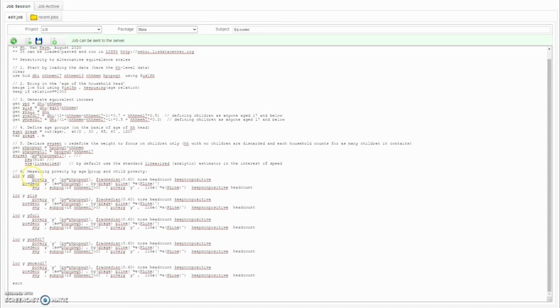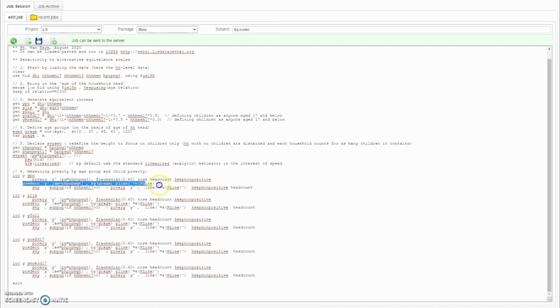So what do we do here? Let's say Y is income per capita, and this line here is simply first calculating the poverty line. I'm using the European definition of the poverty line as 60% of the median of equivalized household income in the population. To do that, I'm using this poverty command for simplicity.